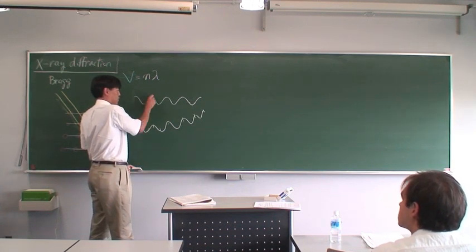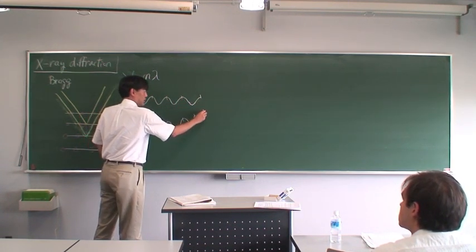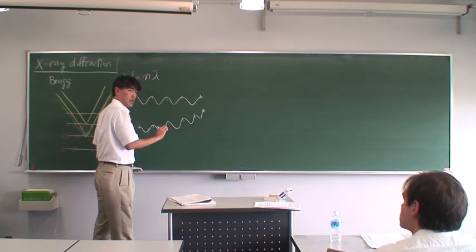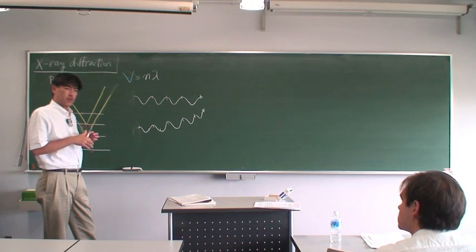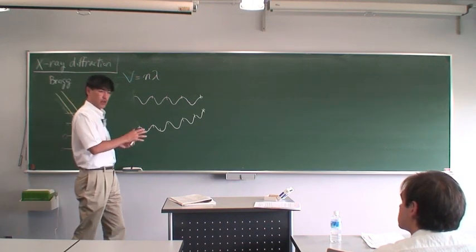The top ray had 1, 2, 3, 4, but this point and this point are the same. So they are constructively interfering, or they add up the intensity. So that's why it's bright.